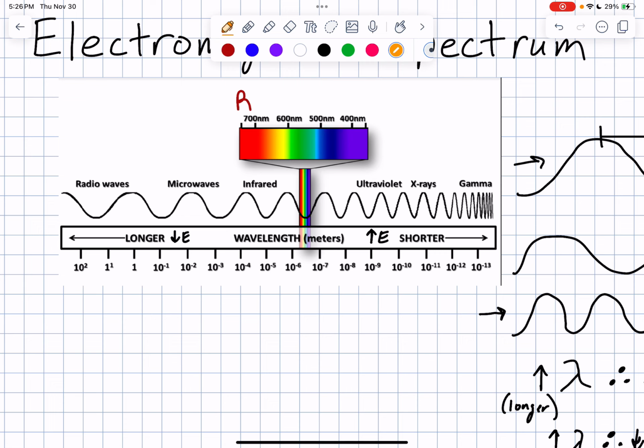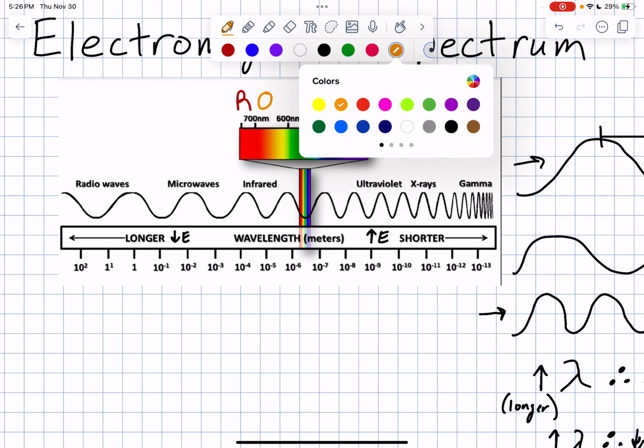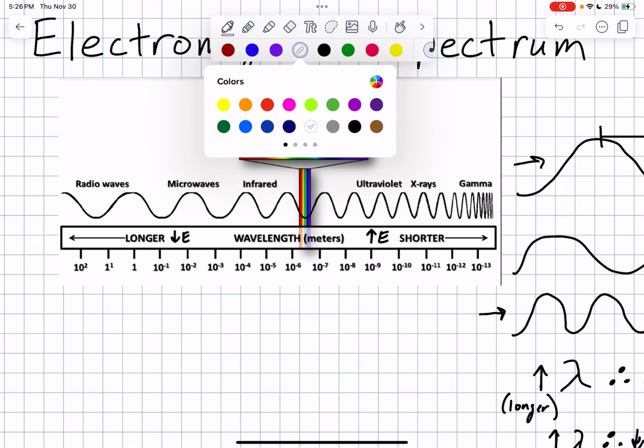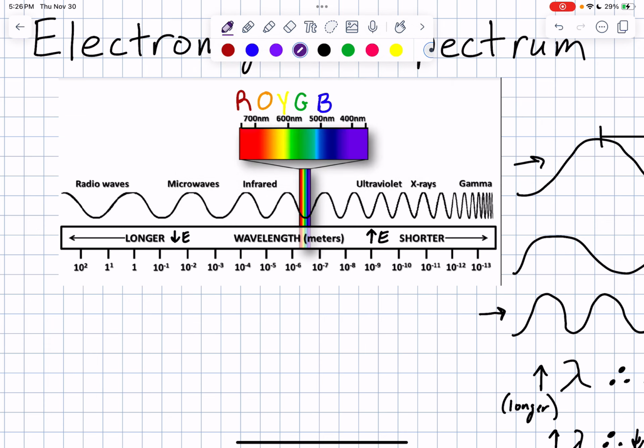Then we have our orange, we have our yellow, we have our green, we have our blue, we have our indigo, and we have our violet.